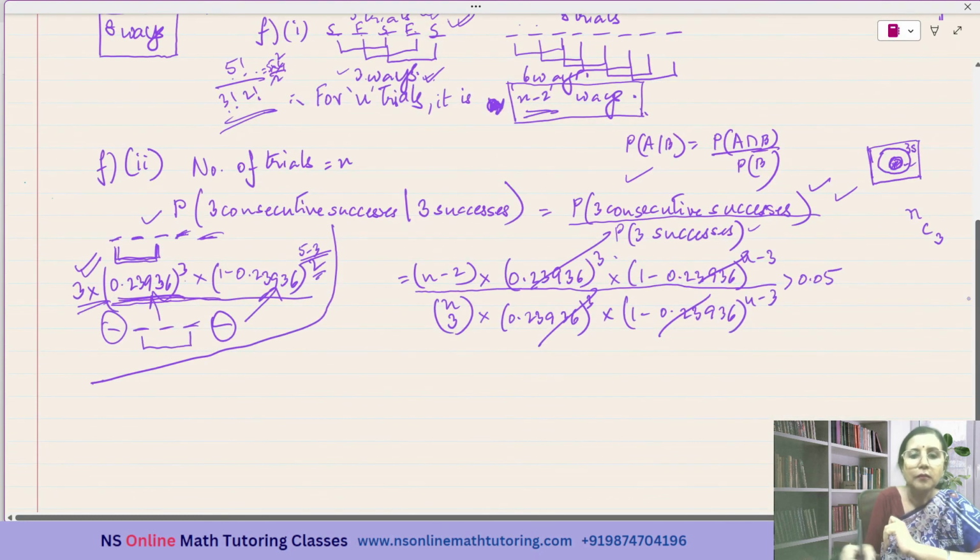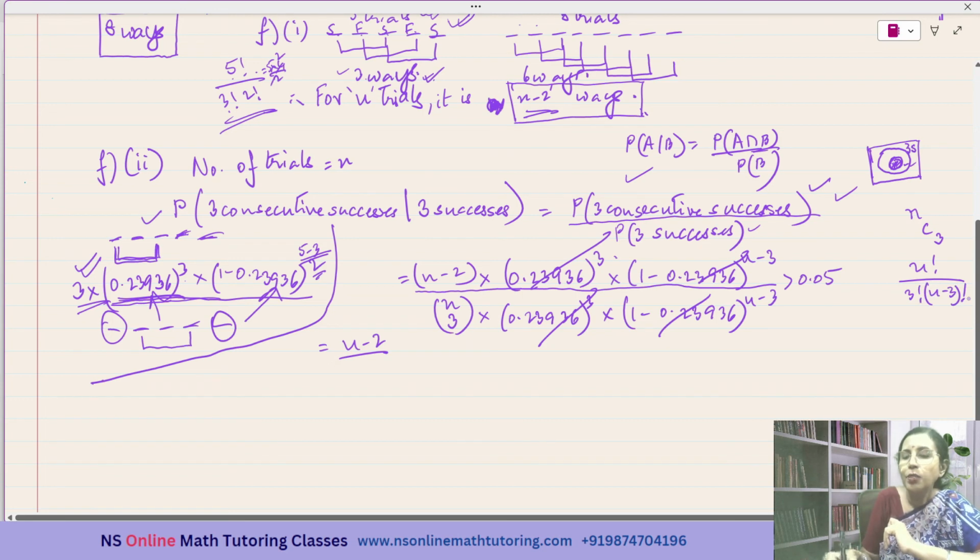Clear? So it is n minus 2 over NC3. Let me just solve this NC3 separately. NC3 is n factorial over 3 factorial and n minus 3 factorial.